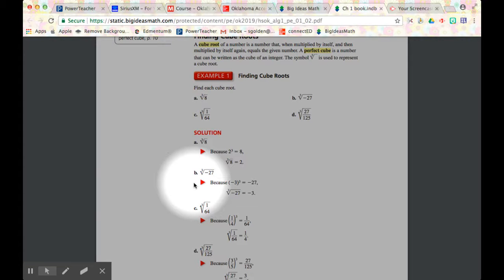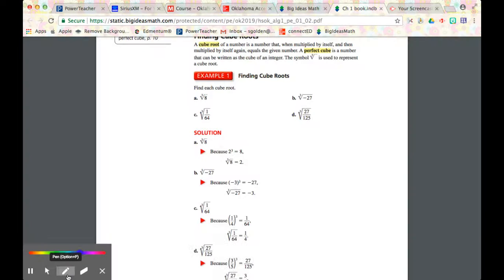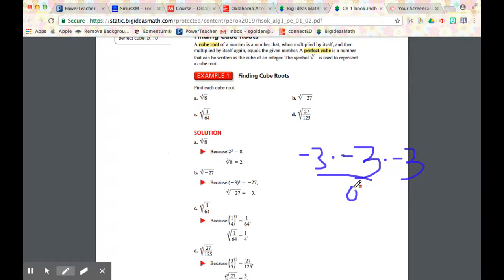But when you're doing the cube root, so the cube root of negative 27, we can, because we're multiplying a number 3 times. So on this one, we'll just work it out. If we have negative 3 times negative 3 times negative 3, well, negative 3 times negative 3 is positive 9.